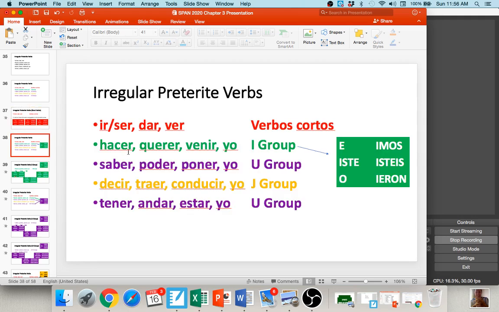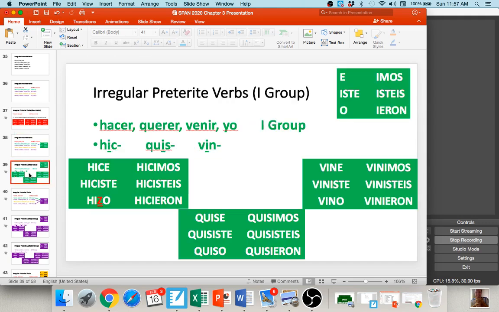Next, you have the verbs hacer, querer, and venir. Hacer, to do or to make. Querer, to want. And venir, to come. These are part of what we call the I group preterite. And their stems change, and they use a certain set of endings, which I've included for you here. That's iste, o, imos, isteis, and ieron. Our stems here become hic, quis, and vin.